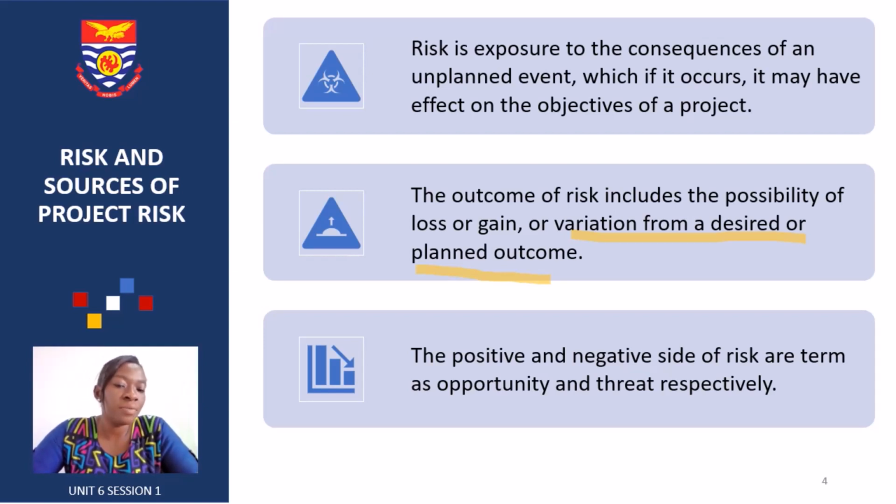Those are deviations or variations from what you had planned for your project outcome. The positive and negative sides of risk are what we term opportunities and threats. The opportunity is the positive one, and the negative is what we call the threat. So when you're looking at a risk, it's either positive or negative.